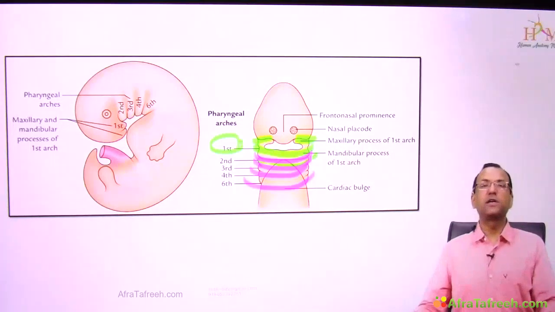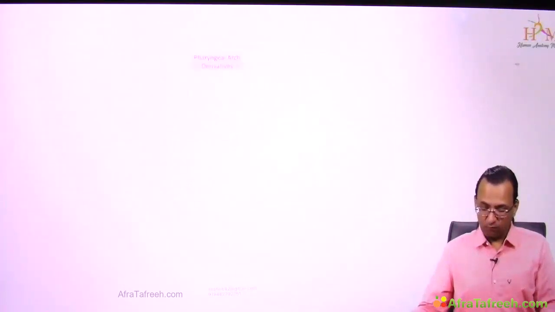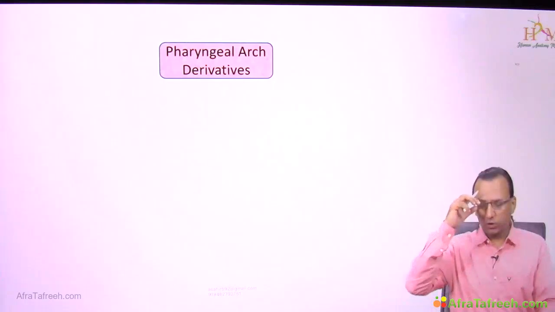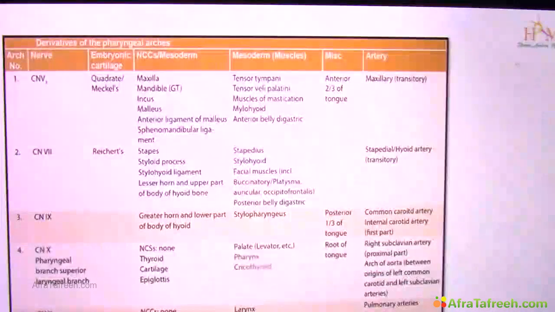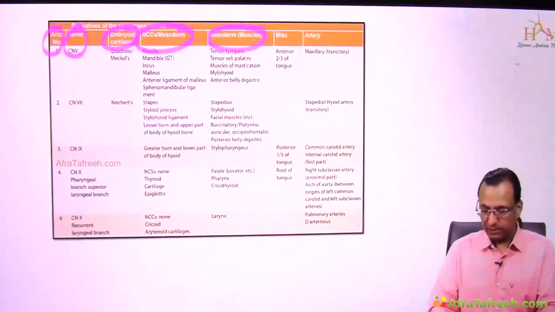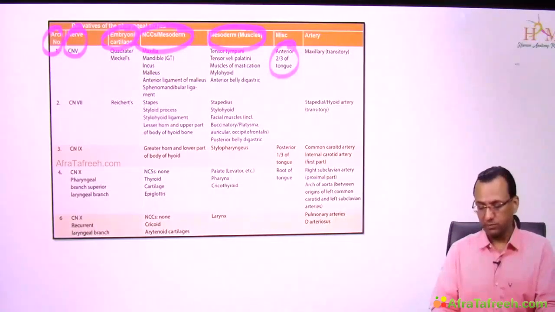Now we want to see their derivatives, and it's a very large table which we have to master. Yes. What is there in the table? Actually, there is the arch number, the nerve which is concerned, the embryonic cartilage, bones developing, some neural crest cell muscles developing, and then there will be some tongue developing, some arteries developing.